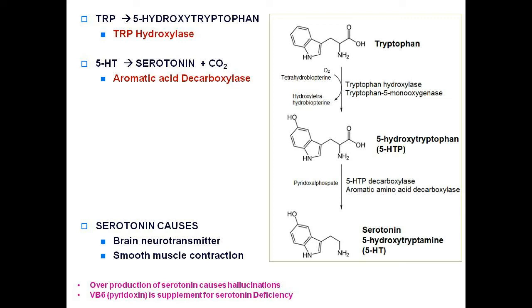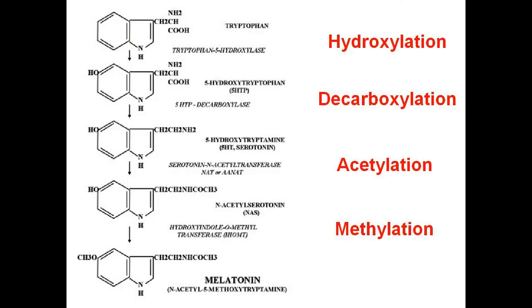So this serotonin, as already discussed, is a brain neurotransmitter causing smooth muscle contraction, and an overproduction of serotonin can cause hallucinations. So often for serotonin deficiency, vitamin B6 or pyridoxine is recommended as a supplement because of its key role in the synthetic pathway as a cofactor to 5-hydroxytryptophan decarboxylase.